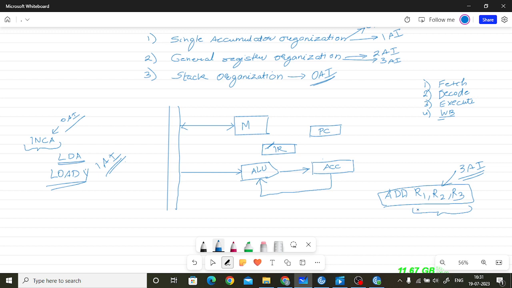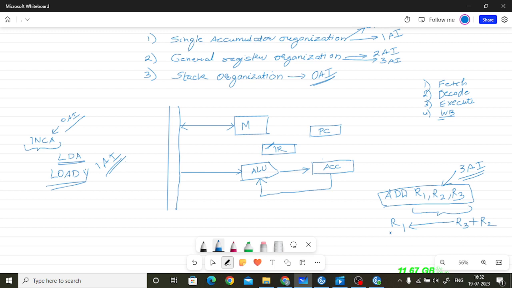What does this instruction mean? ADD R1, R2, R3 means that the computation result, the sum of R2 and R3, will be loaded into the register R1.